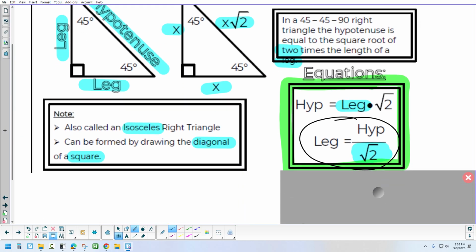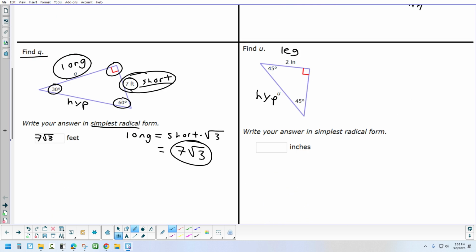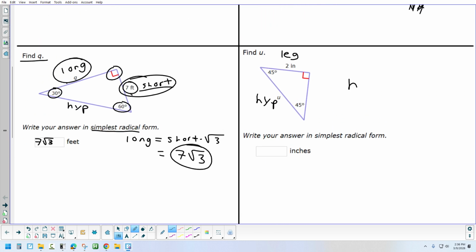Do we have a formula that says hypotenuse equals? Which one? Top one or bottom one? Top. Hypotenuse equals leg times square root of 2.